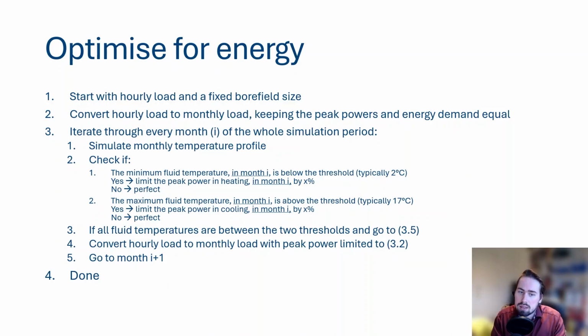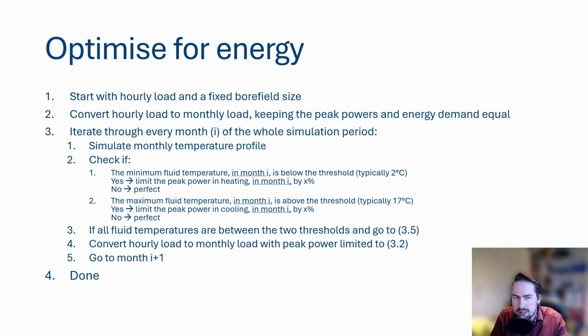When it's the case that in a certain month the temperature limits are crossed, then we reconvert the hourly load to the monthly load, but now we limit the peak power to the power that comes out of step 2. And then we reiterate until we converge and go to the next month. And when we do this for the whole simulation period, we're done and we have optimized our system for energy.